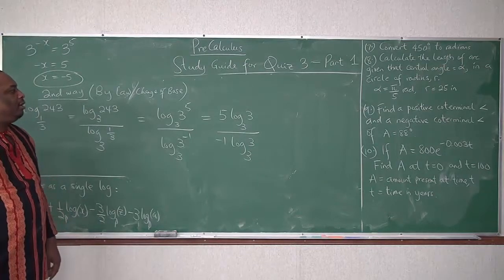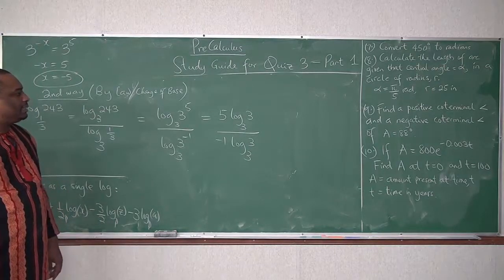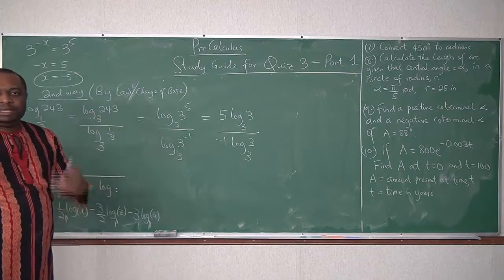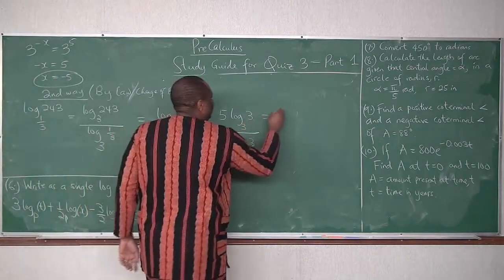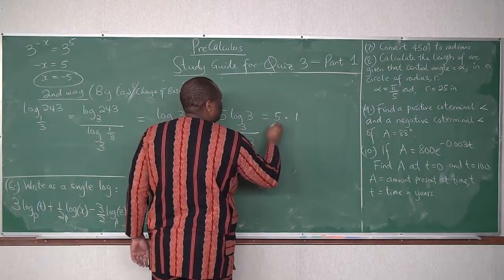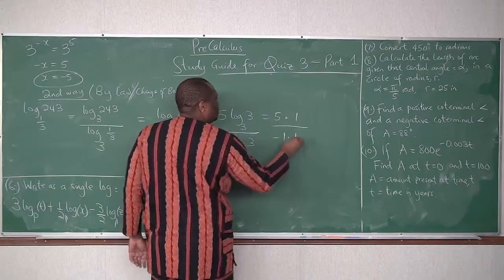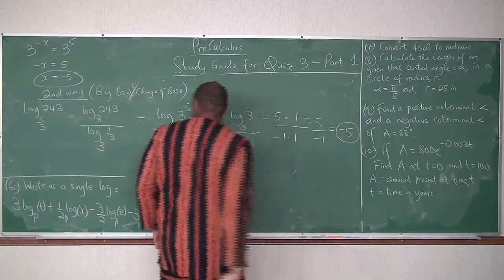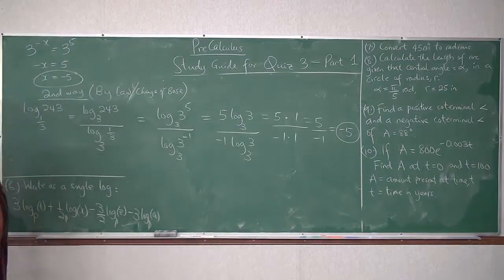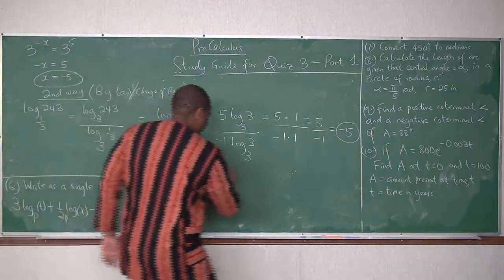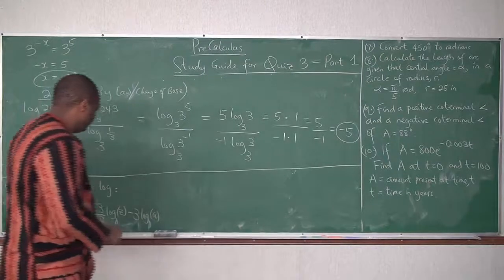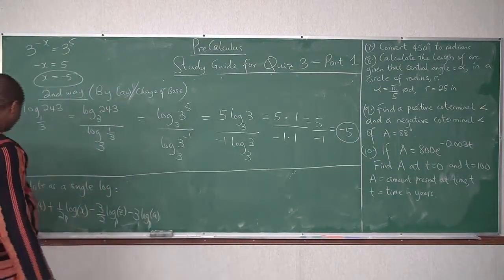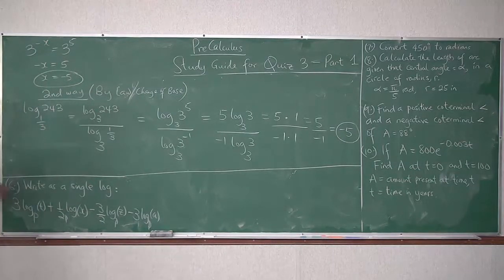And of course by law we know that log a base a is 1. So this is 5 times 1 over negative 1 times 1, which is 5 over negative 1, which is negative 5. That is the second way you can do it.